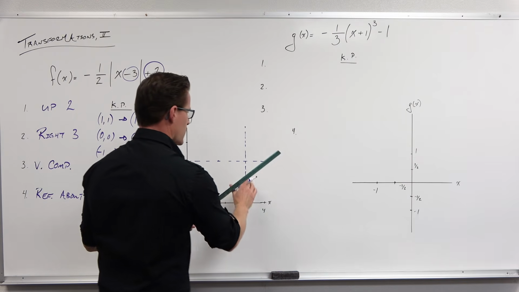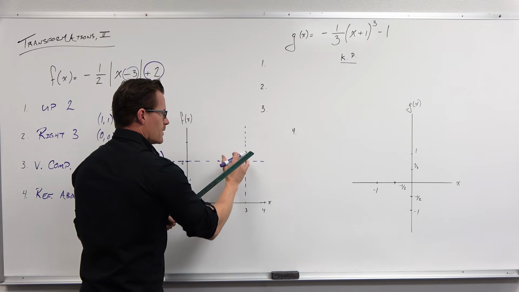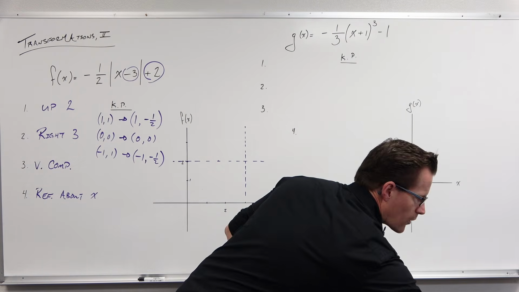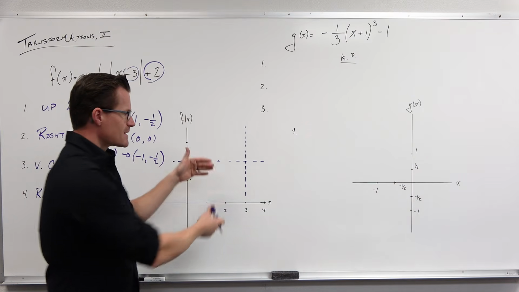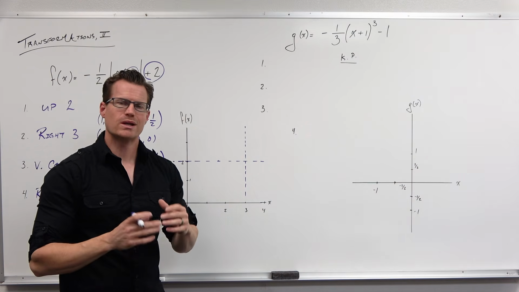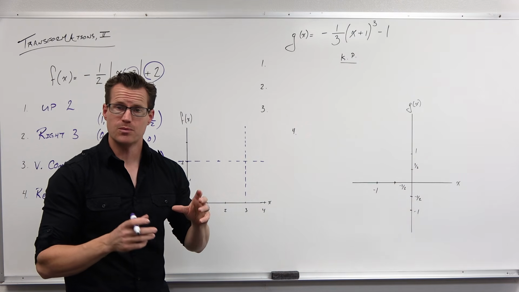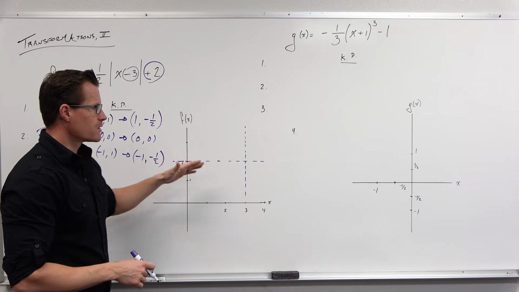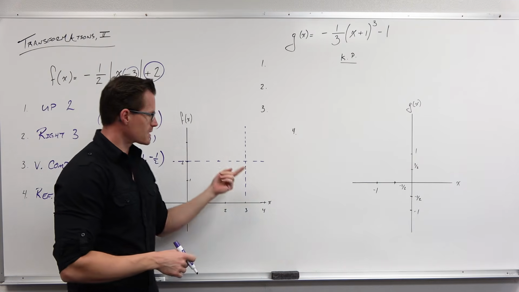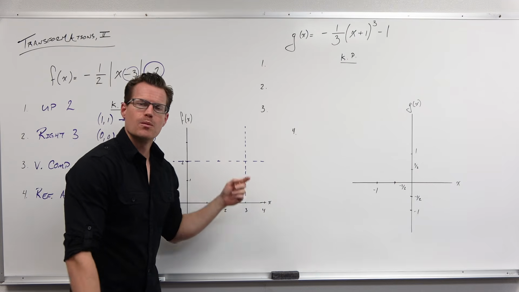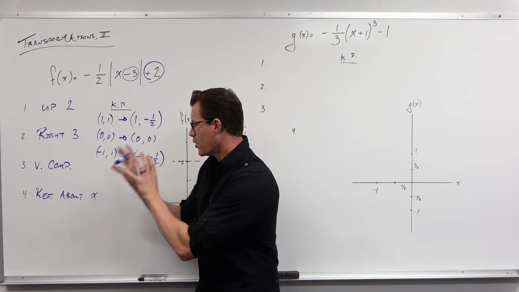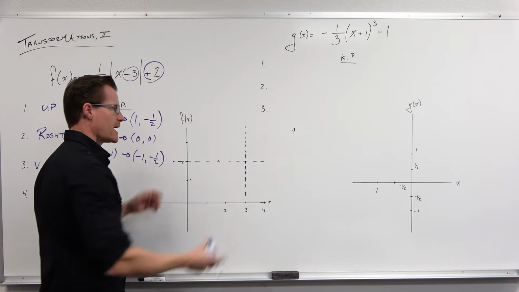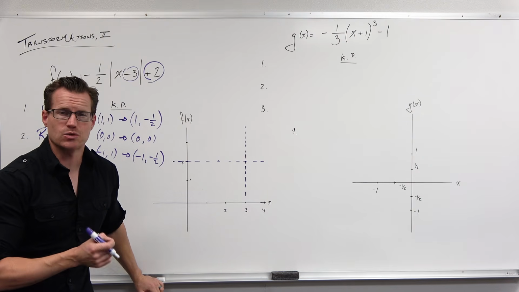I showed you this in a previous video that when we move our xy axis, this is not really there, but it gives us a really good place for us to put our new key points. So this says you're going to shift your graph up 2. Great, let's show that. You're going to shift your graph right 3. Let's show that. This is like our new origin, not really there, but if we graph our new key points on our new xy axis, it's going to show us where our graph actually is.